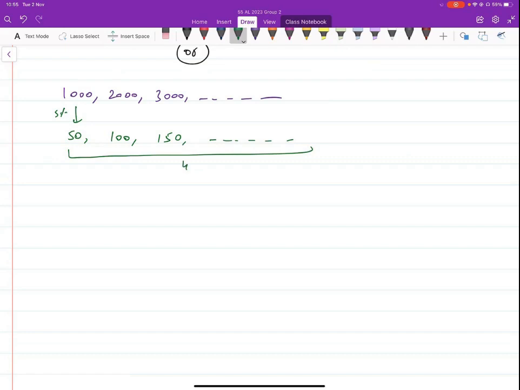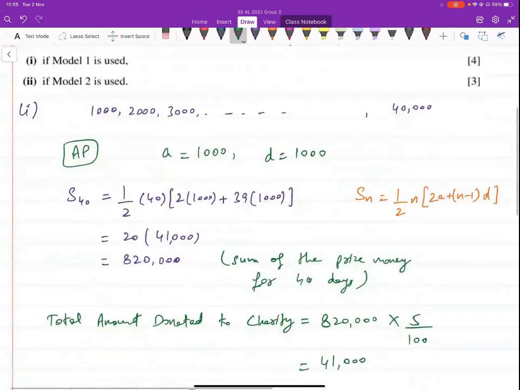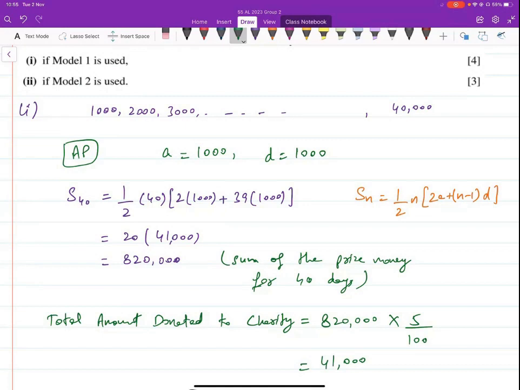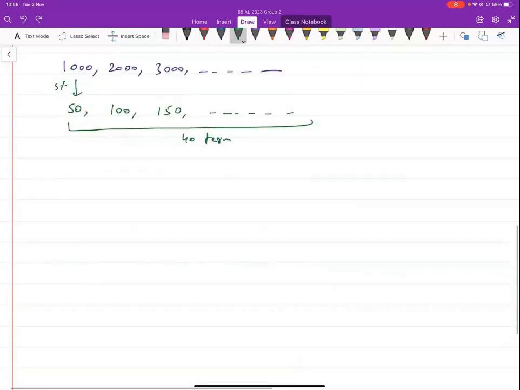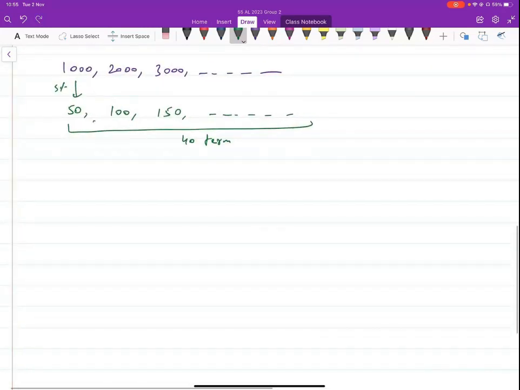This is 40 terms in total. Actually, we could actually use the last term formula as well. The sum formula that includes the last term will be used because we knew that the last term was 40,000. We could have used that. So that's just something that came to my mind. Okay, so this is 50, 100, 150. This is the sequence for the amounts donated every single day. Right, 50, 100, 150. Now this is another AP.